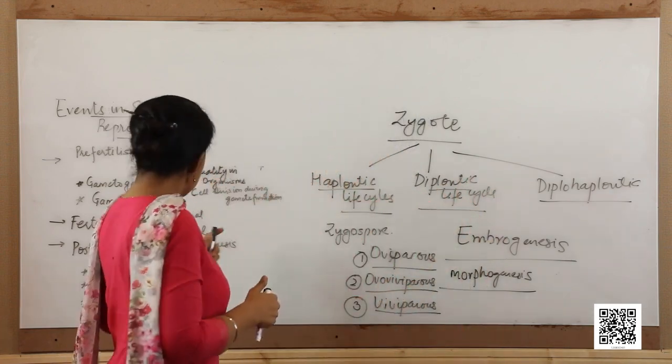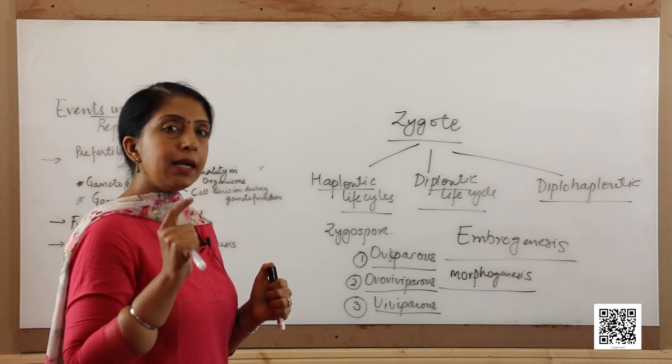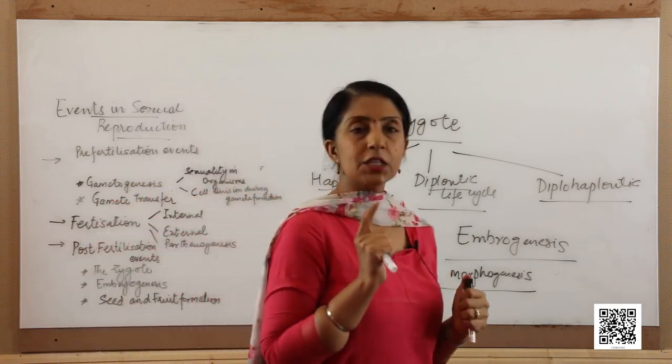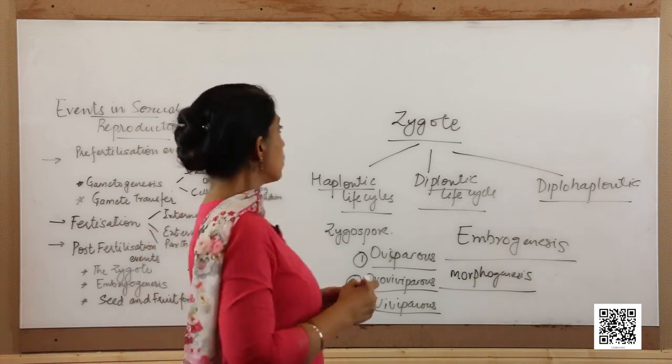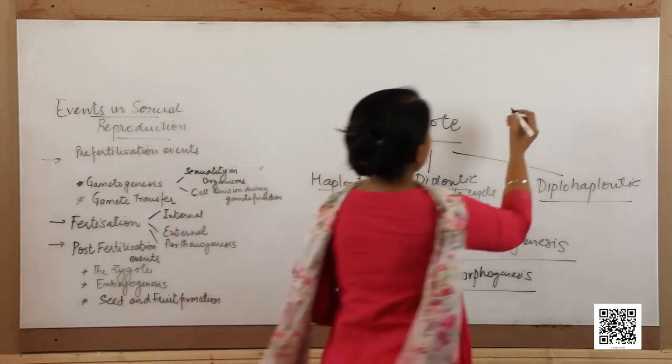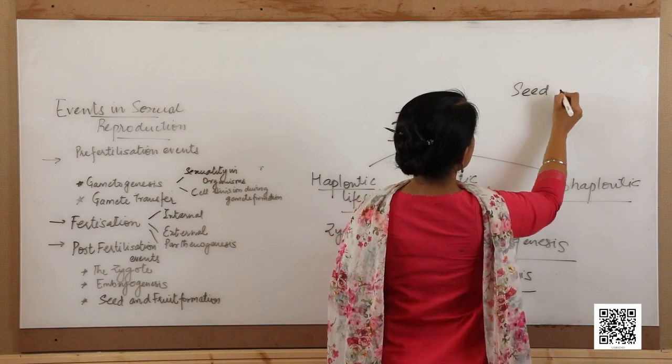The seed and fruit formation will be taken up again in detail in the next chapter, that is sexual reproduction in flowering plants. So, seed and fruit formation, what have we covered?